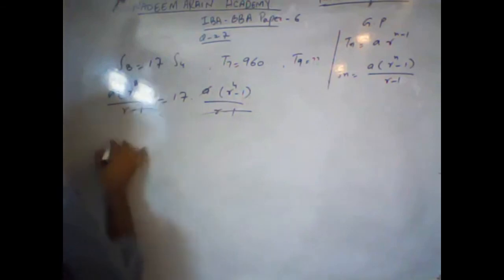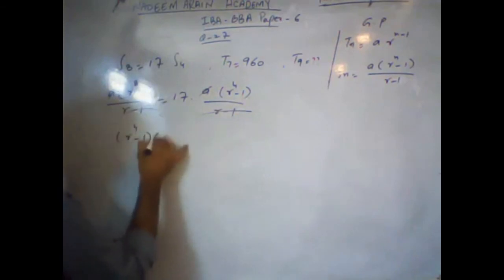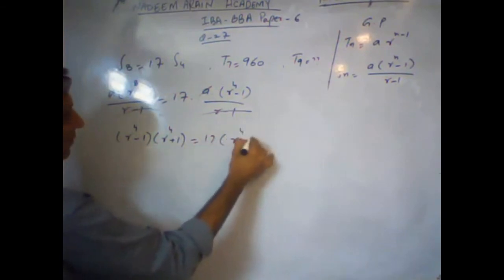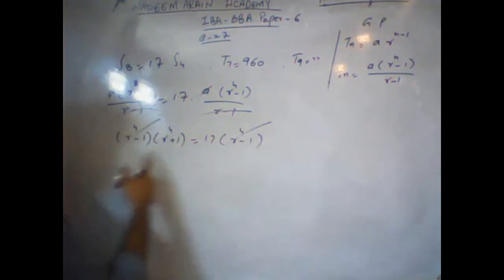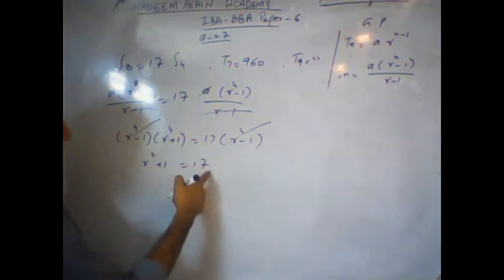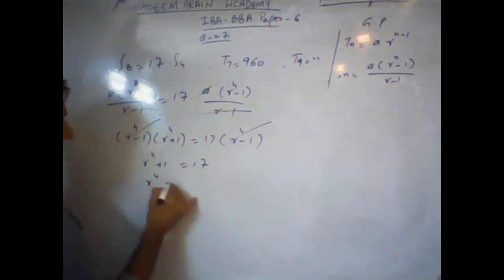This is equal to 17 times r power 4 minus 1. Cancel these two out, so we got r power 4 plus 1 is equal to 17. Subtract it, you will have r power 4 is equal to 16. That means r is equal to 2.